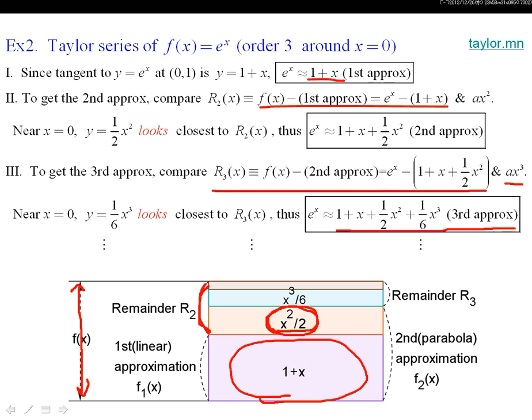And we subtract this main part from R2, and we call it remainder R3. And the main part of remainder R3 is x cubed over 6. And we subtract this one, then we get remainder R4. And the main part of R4 is something ax to the power of 4.